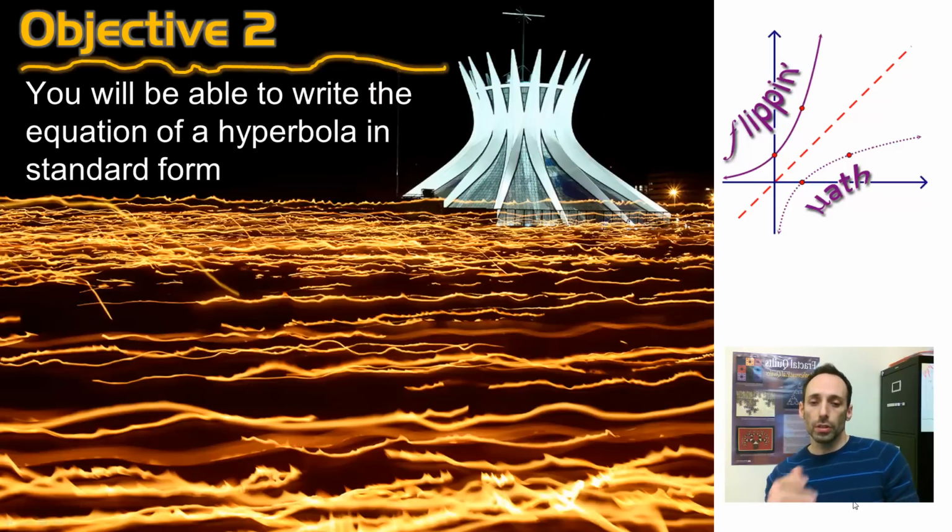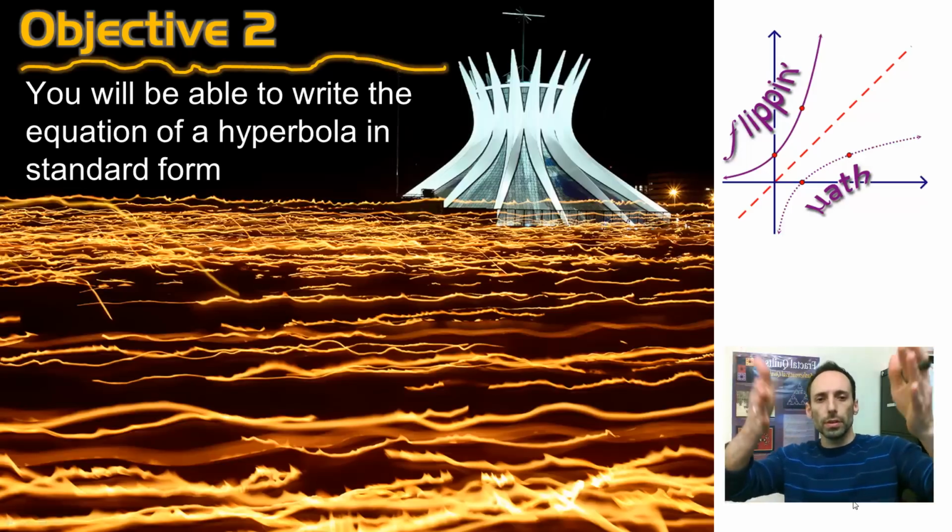So in the picture that you see here, this is one of those things that's called a long exposure, where they leave the camera aperture open and all the light that is in the area just keeps exposing and exposing. Traditionally it would have been a film negative, but now they, of course, do it digitally. What you're seeing in the background is a church in Brazil, the capital, I believe it's called Corpus Christi.